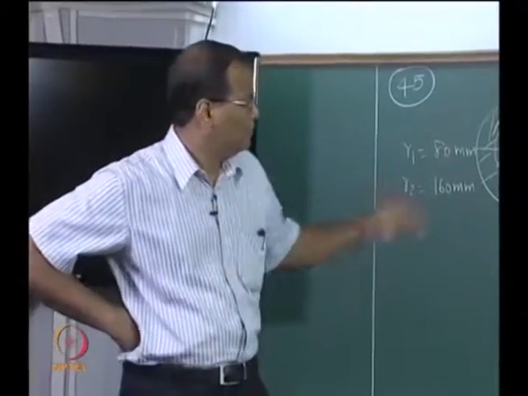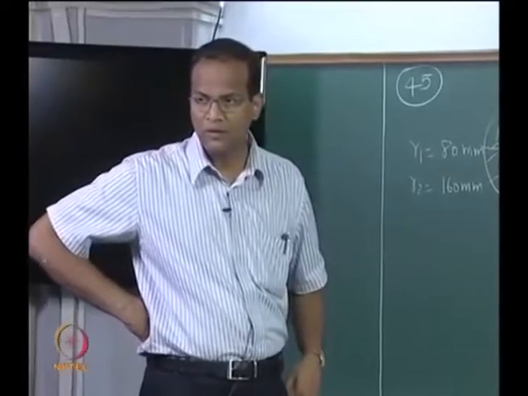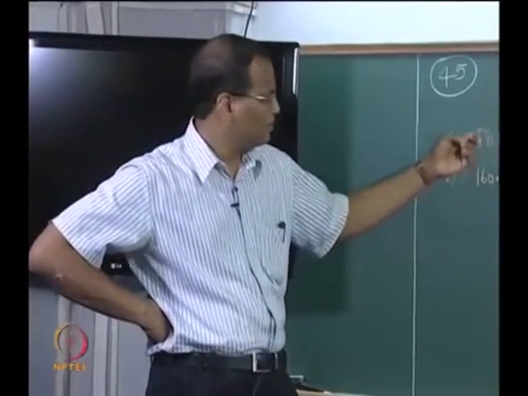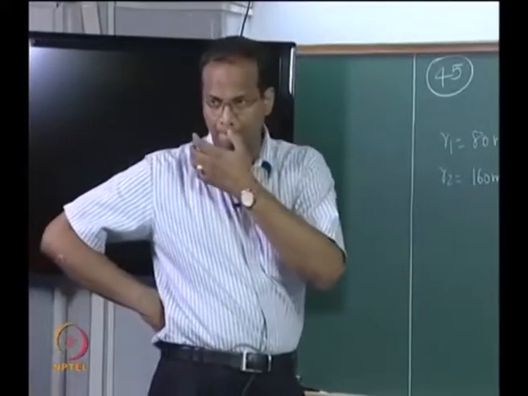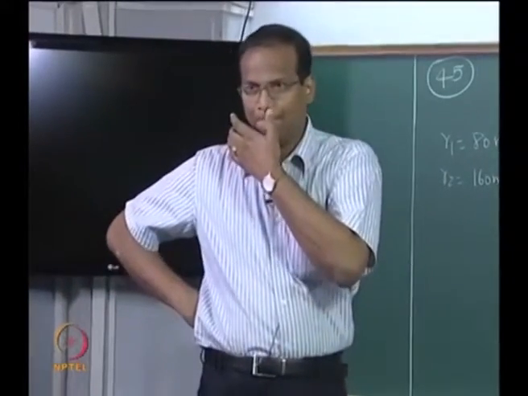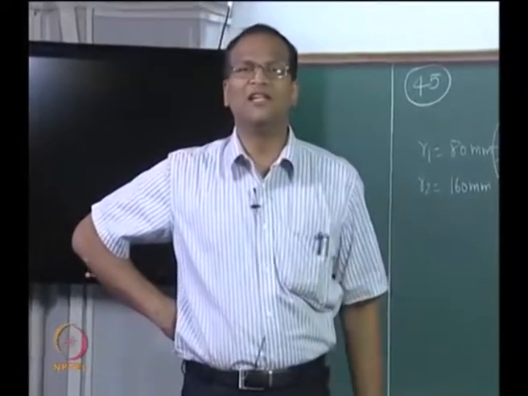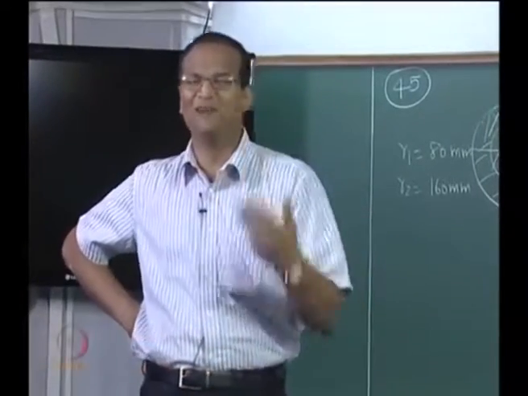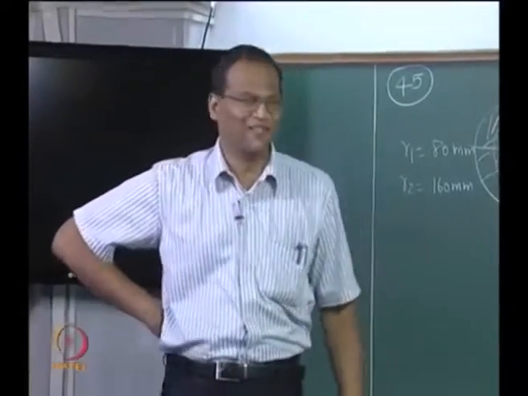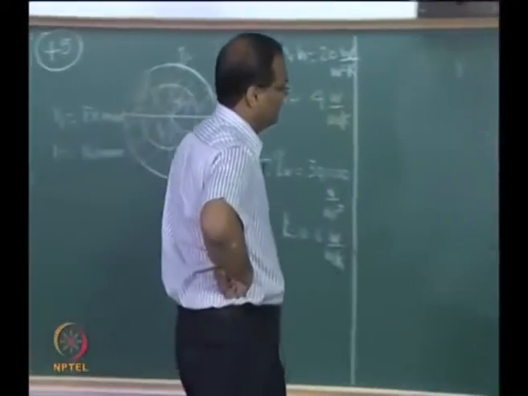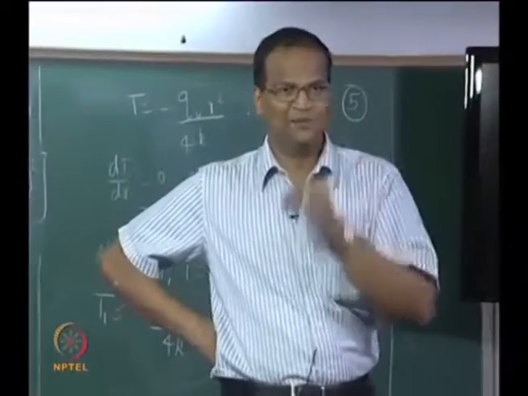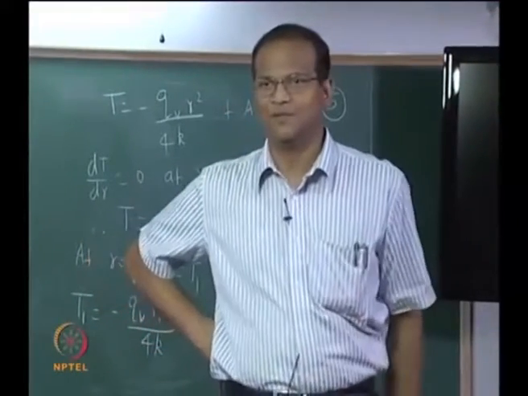It is not dimensionless, but it is Kelvin. You can make it a dimensionless heat generation parameter by dividing by T infinity or something. It is a temperature difference, so you can divide it by T infinity and make it the dimensionless heat generation parameter. So call it eta, xi, whatever.